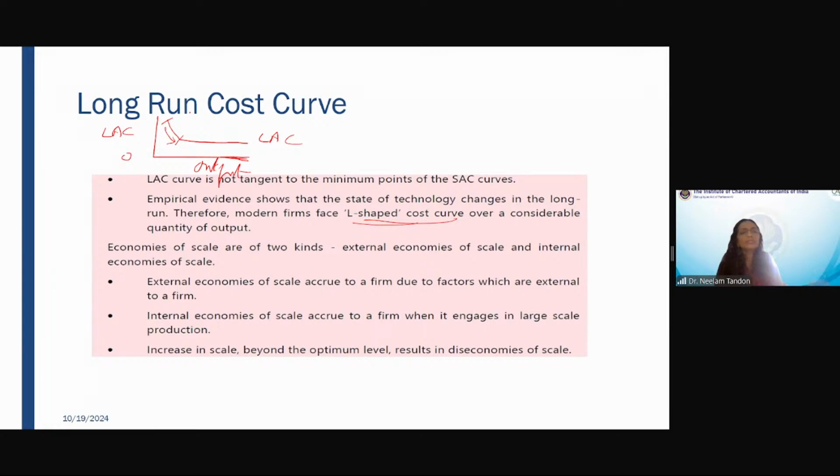Now, once firm reaches from A to B, then firm extends the term of B to C for a longer period of time by achieving efficiency.